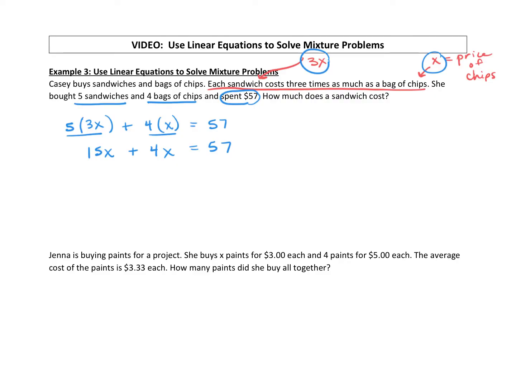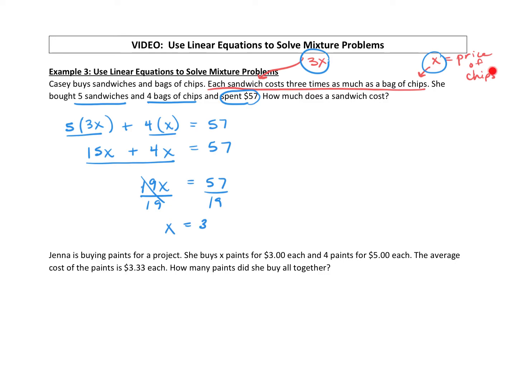So our x's are on the same side of the equation, so we'll just add those together. 15x plus 4x is 19x. Carry down our equals 57. And then we just divide by 19, and we know that x is equal to 3. 57 divided by 19 is 3.